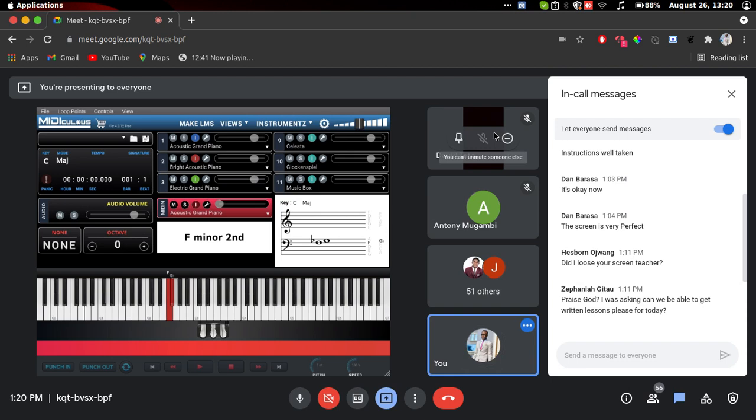Someone is following. Yes, please. If I was in the key of A, let me take the key of B flat, a semitone from B flat, where would it land me? B. Well done.